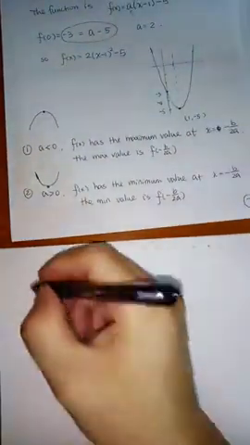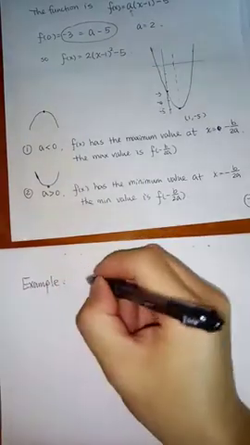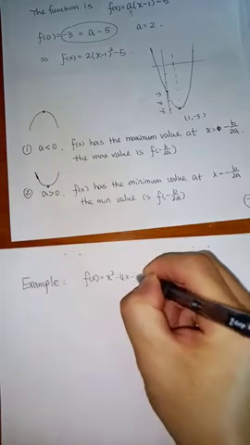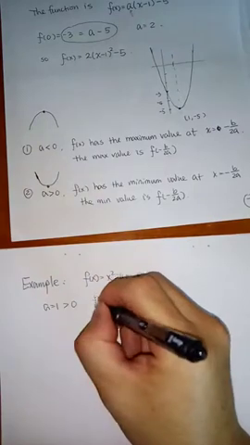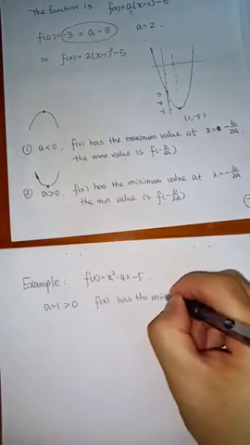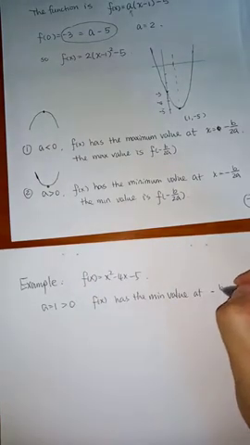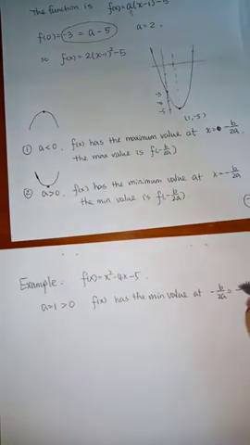Okay, so let's do a quick example. Assume our function is x squared minus 4x minus 5. a is equal to 1, positive, so f has the minimum value at negative b over 2a. Negative b is 4. a is 1, so 2a is 2.